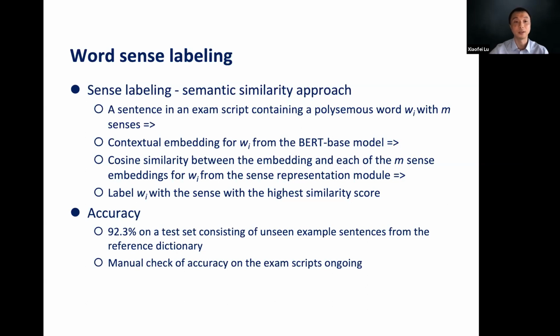Using a test set of unseen example sentences from the reference dictionary, we achieved an accuracy of 92.3%. We are still doing manual checking of the accuracy of the model on the exam scripts, but at the same time, we are trying to see how predictive the indices that integrate the sense information can be.